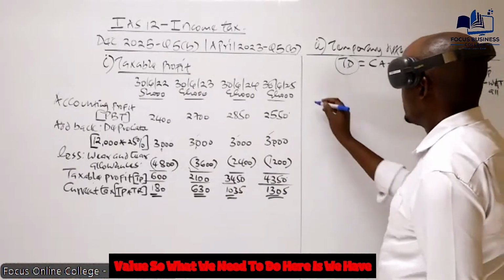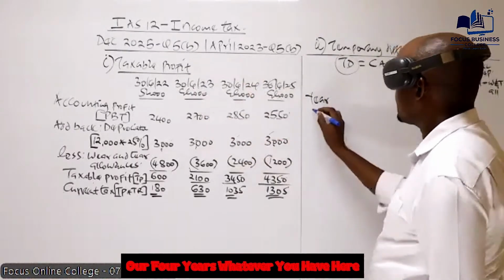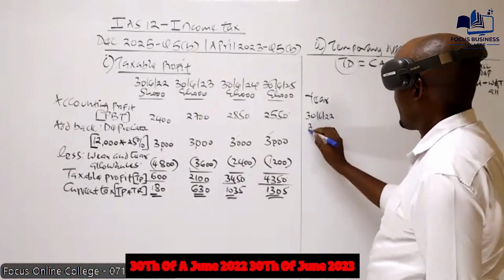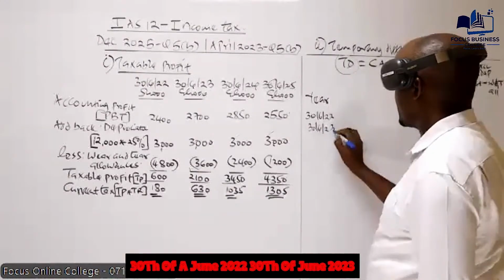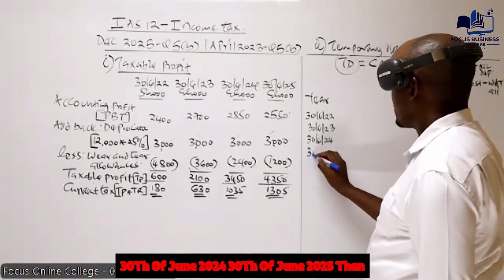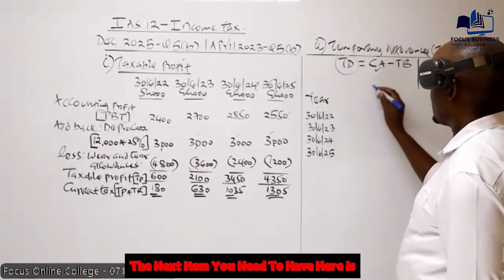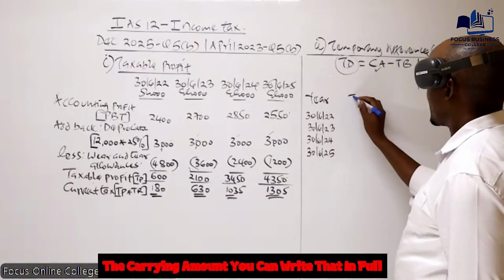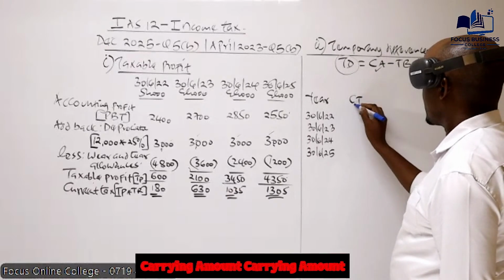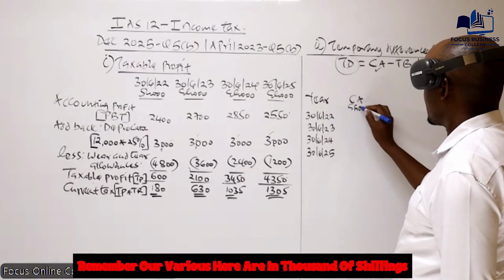So what we need to do here is have our 4 years: the year of June 2022, June 2023, June 2024, and June 2025. Then the next item is the carrying amount, CA, and remember our values here are in thousands of shillings.